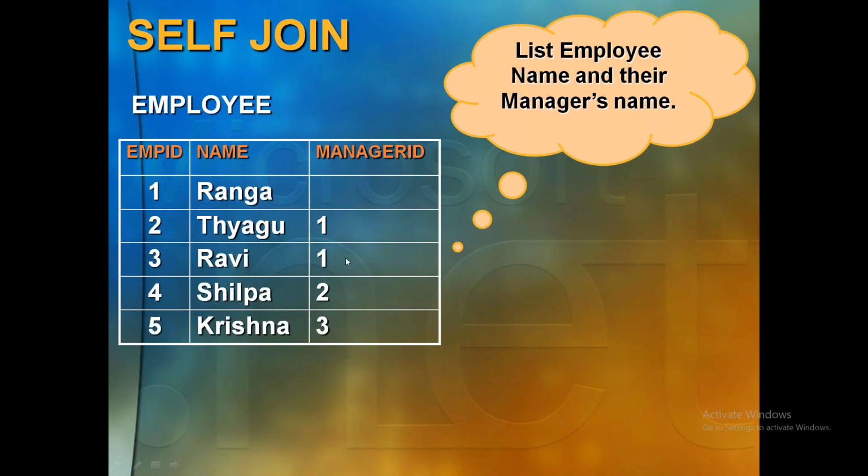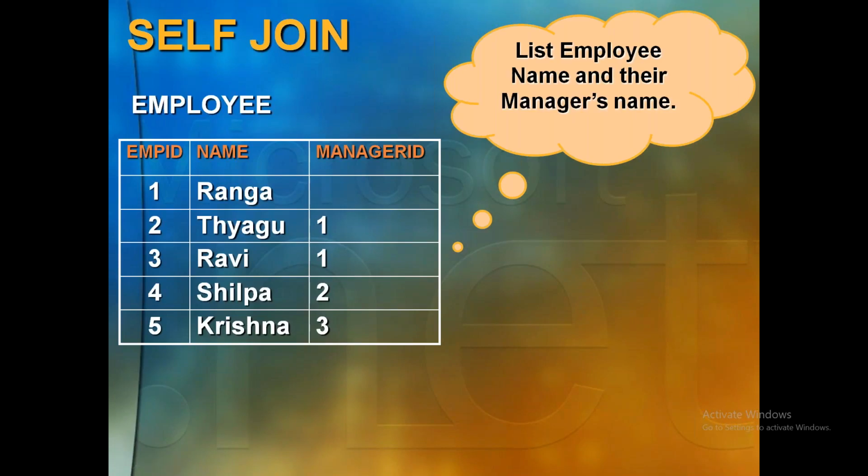I had only the boss ID or the manager ID. But in the query, I'm supposed to get the name of the employee along with his or her boss name, manager's name. So Tiagu's boss is Ranga and Ravi's boss is also Ranga, something like that. Clear? So I wanted to get this.